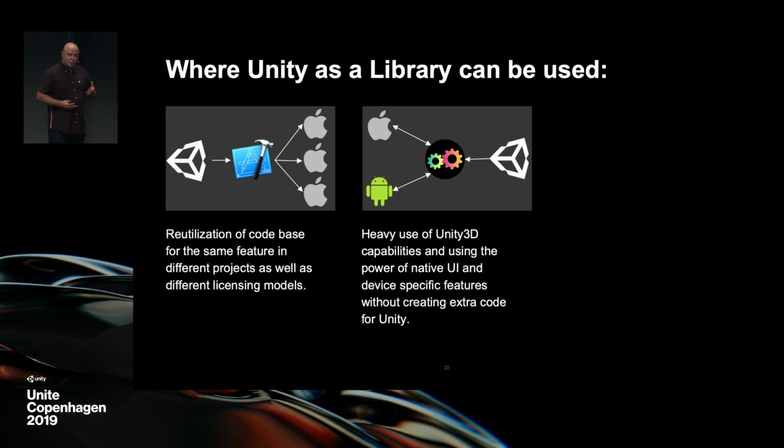And the native UI, both on Android and iOS, has lots of features. They have specific features per device, per model. And the look and feel of the UI on the native side is better than the multi-platform UI we have in Unity. This makes sense if you have an application using a lot of UI, lots of pages, views, input fields, multi-language scenarios.